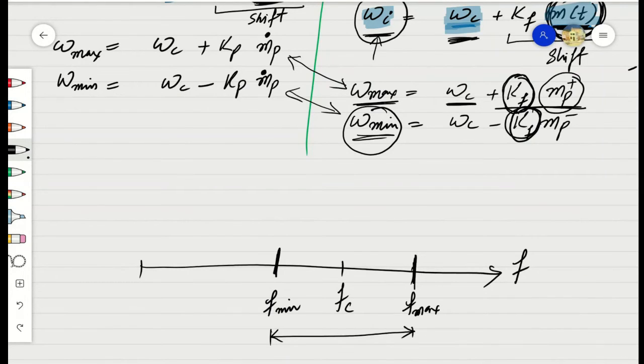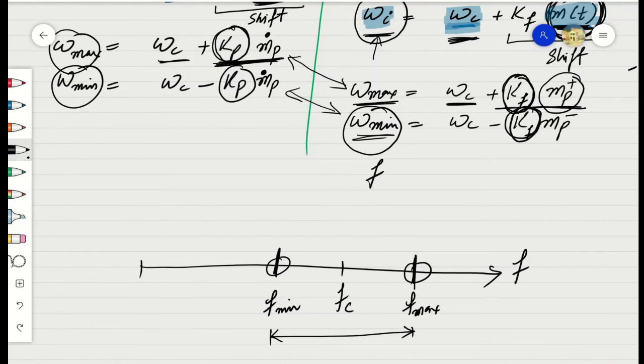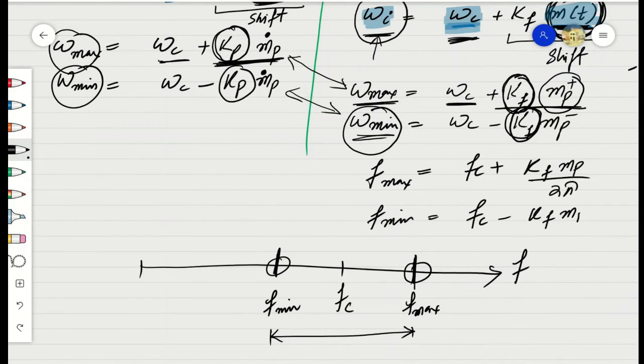Similarly, for the case of phase modulation, this constant parameter is being multiplied with the information signal's derivative, and it is scaling the shift caused in the central frequency. So by manipulating this kp parameter, the maximum and minimum frequencies being generated can be manipulated and overall bandwidth consumption can be manipulated. So writing these expressions in terms of f.